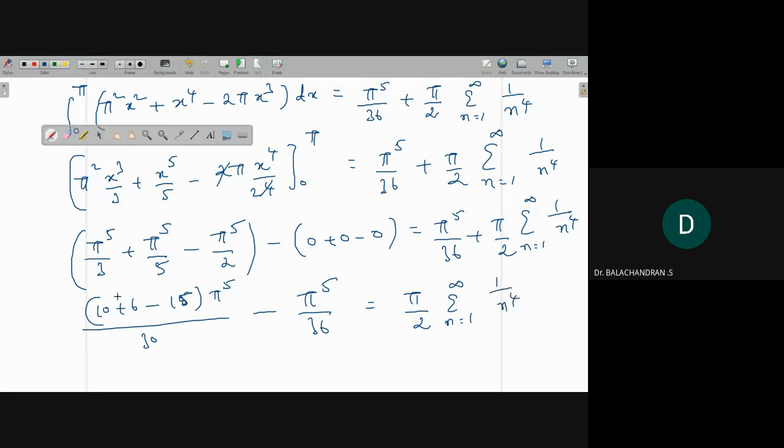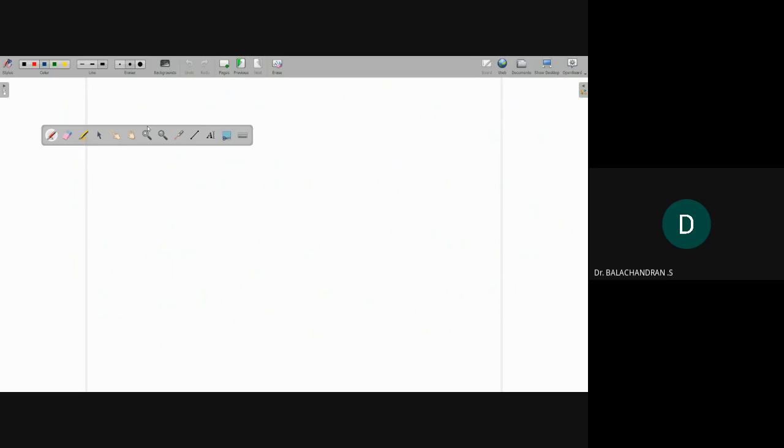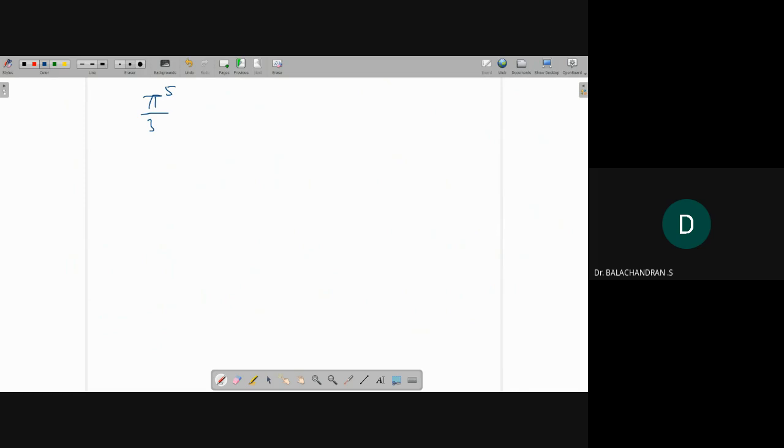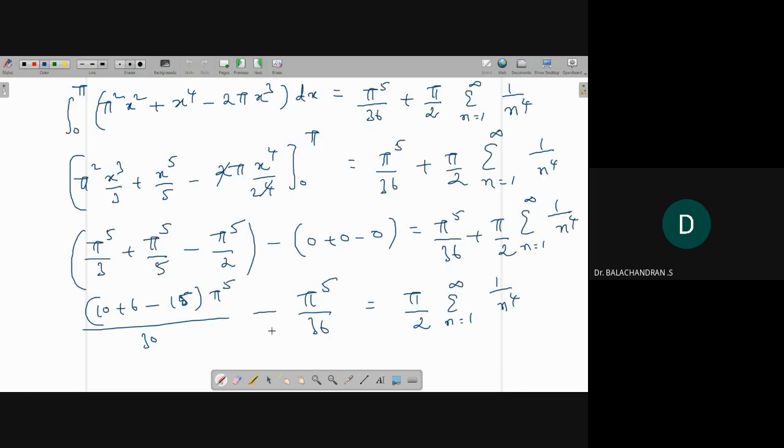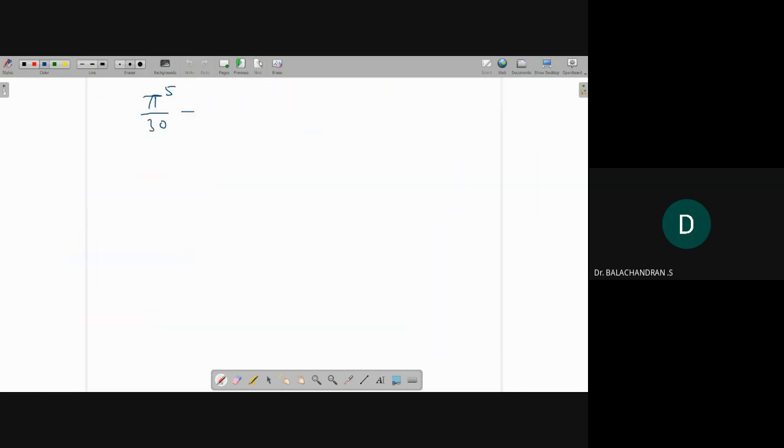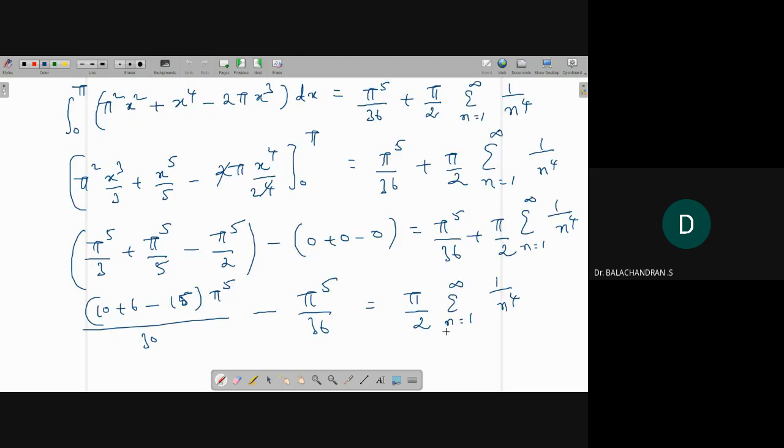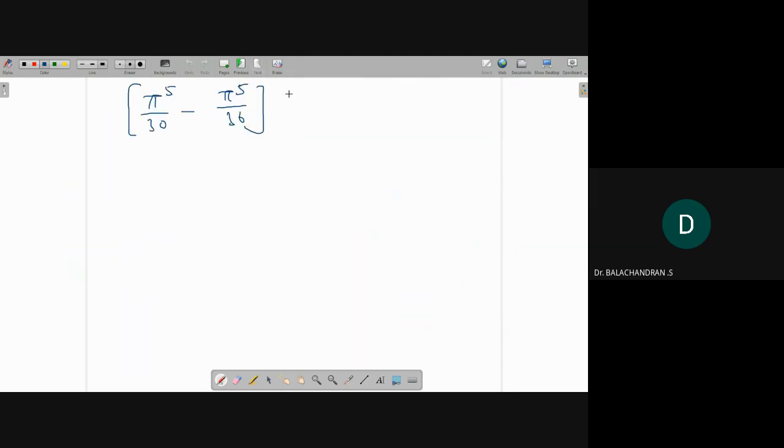So this is 16 minus 15, 1 by 30. So pi power 5 by 30 minus pi power 5 by 36, into 2 by pi, which is equal to summation n equal to 1 to infinity 1 by n power 4.